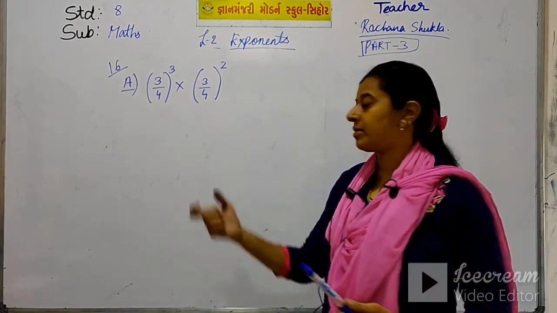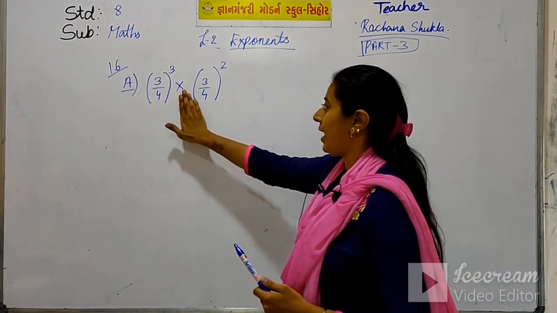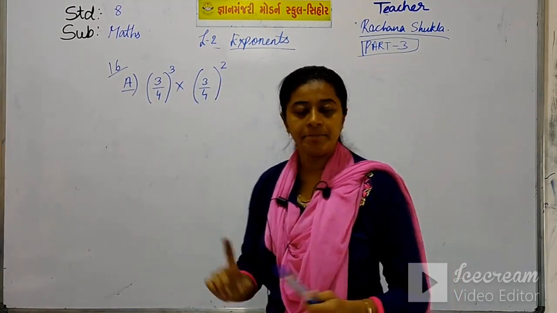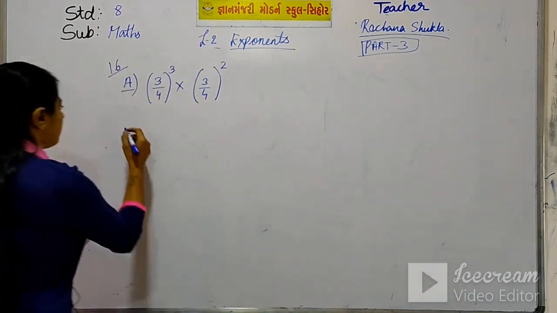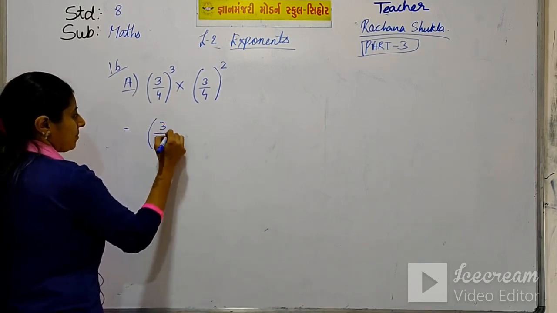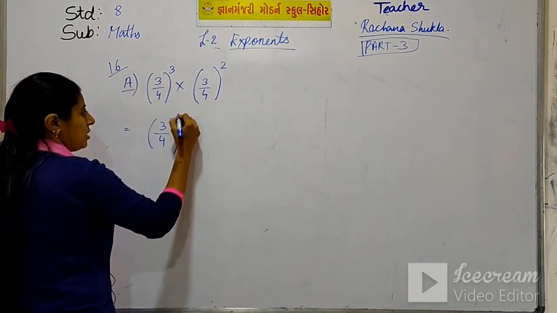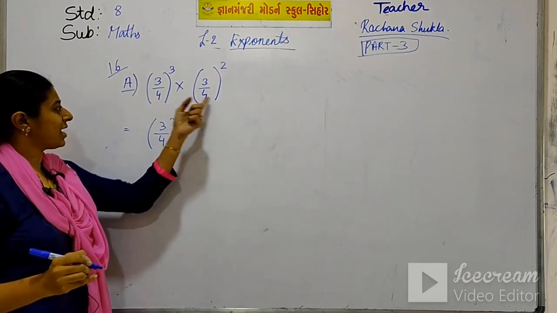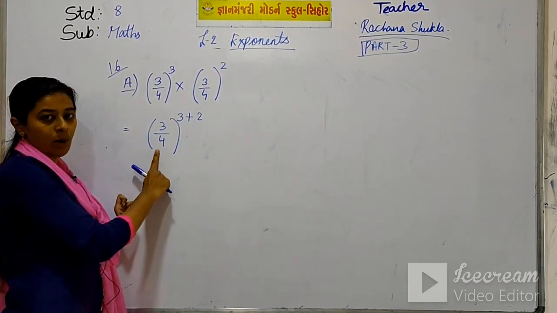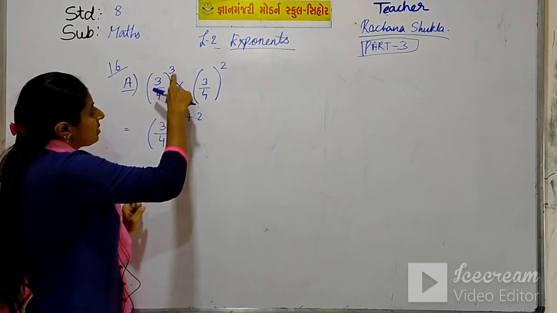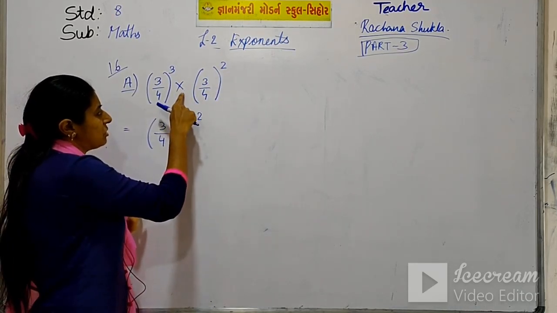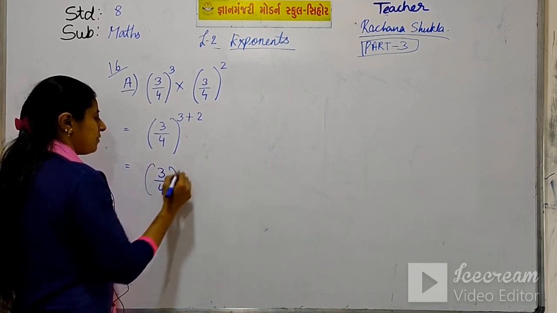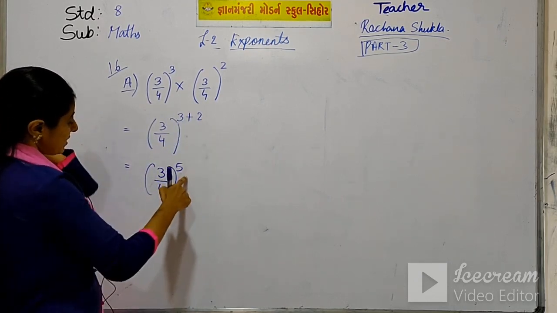You have to simplify. You can see that the bases are same and there is a multiplication sign, so powers will be added. Write 3 upon 4 one time, to the power 3 plus 2. Why plus? Because the multiplication sign is there. So 3 plus 2 is 5.